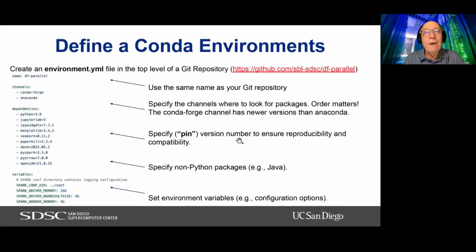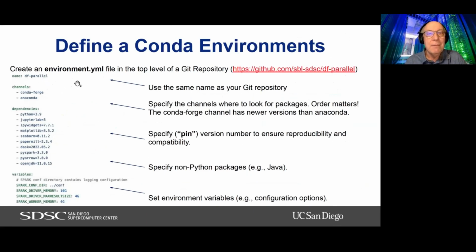Okay, so how do you define a Conda environment? A Conda environment is defined in a YAML file, an environment.yml file. Typically, you would put it at the top level in your Git repository. This is the repository that we're using today, and in the top level, there's a file called environment.yml, and this is the way you define your environment.